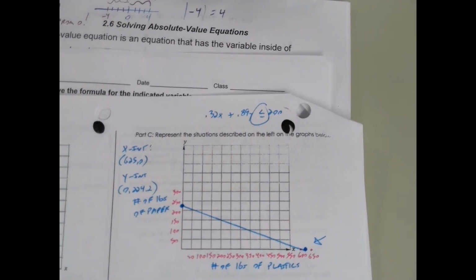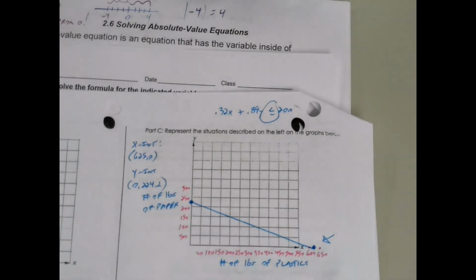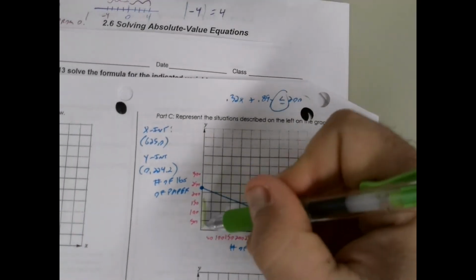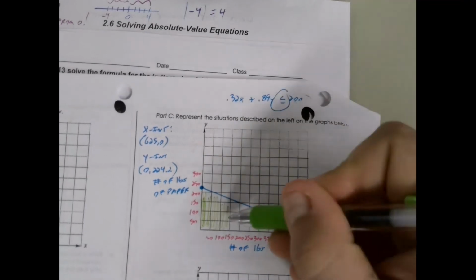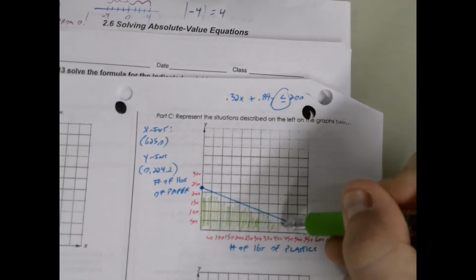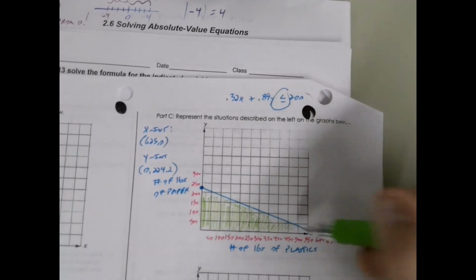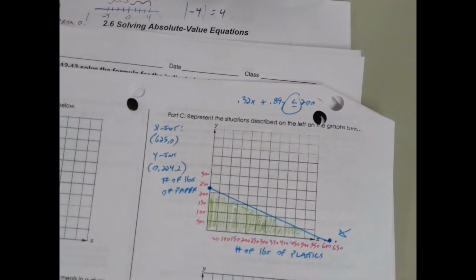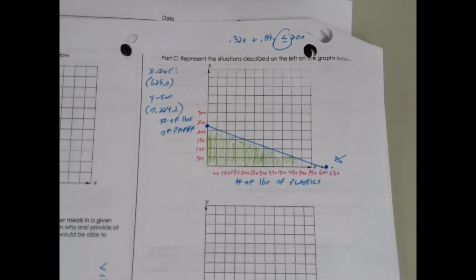Okay? So what happens here, guys, is your solution looks like this. You're going to have everything below in green. And the first quadrant is our feasible solution range. Okay? So all that stuff in green are possible solutions. Okay?